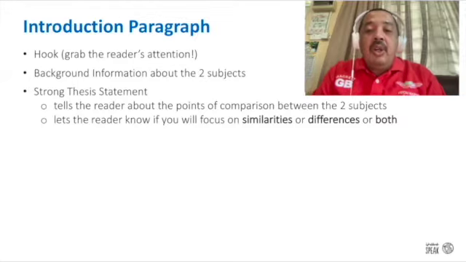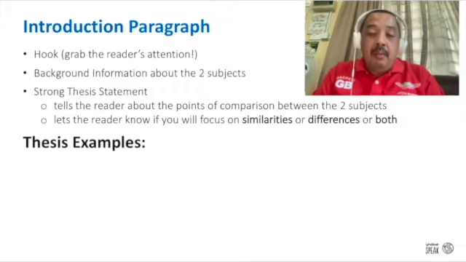And lastly, you are going to need a super strong thesis statement, and in order to write one of those, you are going to have to include the points of comparison between the two subjects. And then you also need to let the reader know if you are talking about similarities, differences, or both.